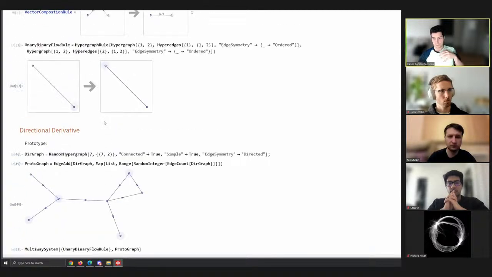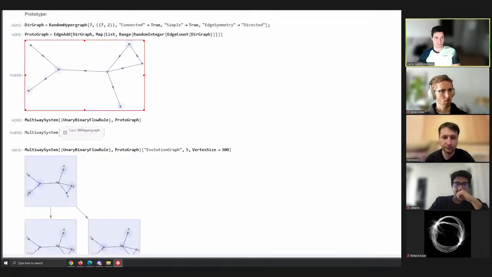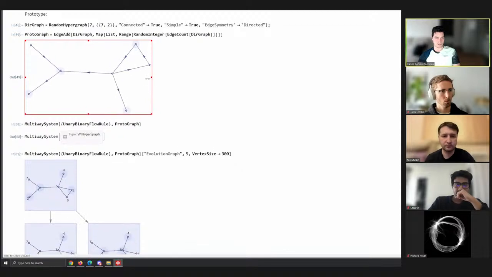And the idea of flow is represented by this rewrite rule, where whenever you have a unary edge on the tail of a directed edge, it gets rewritten to pushing the unary edge to the head of the directed edge. So sure enough, if we begin with our initial state, we have this particular hypergraph.